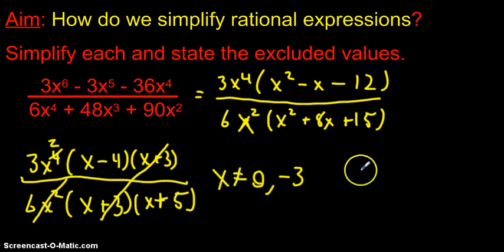Alright, so our final answer should be by distributing this out and distributing the 6 out. Well, actually, the 3 and the 6 have a common factor. 3 goes into 6 twice, and 3 goes into 3 once.